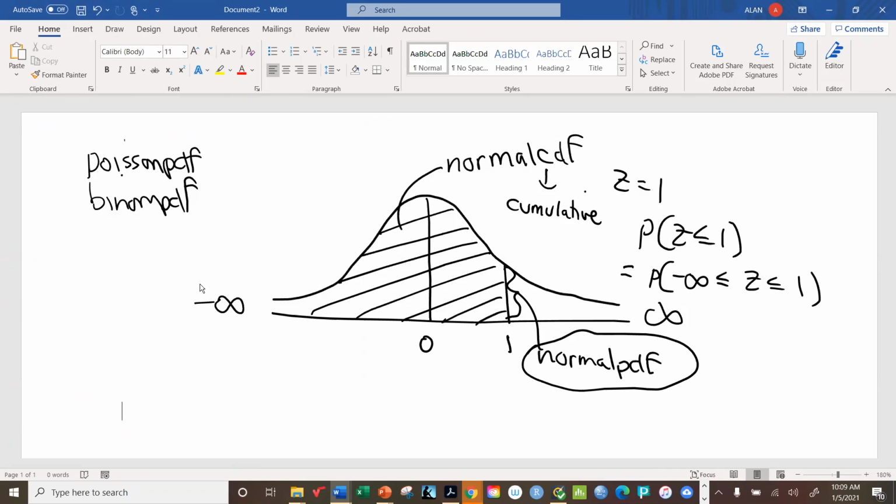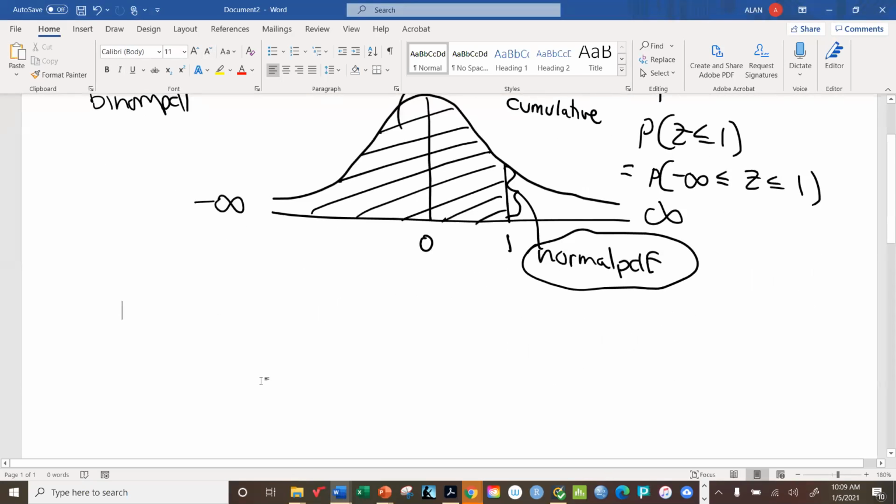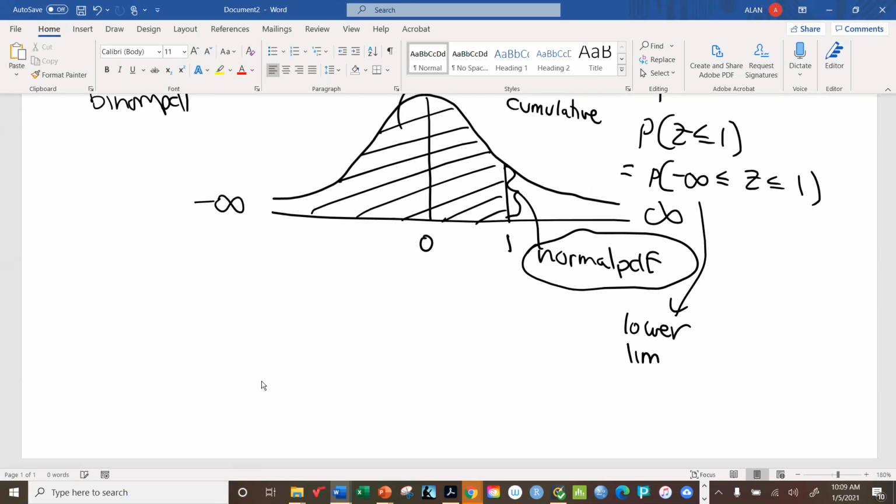Okay, so it's implied, when I write it like this, it's understood that it goes all the way down to negative infinity. But if you write it like this, then it's clear that we actually have 2 values in this interval. This is what we will call the lower limit. And this is what we're going to call the upper limit.